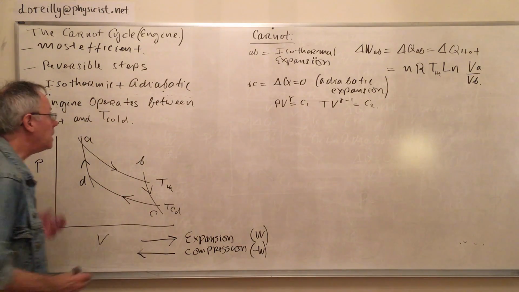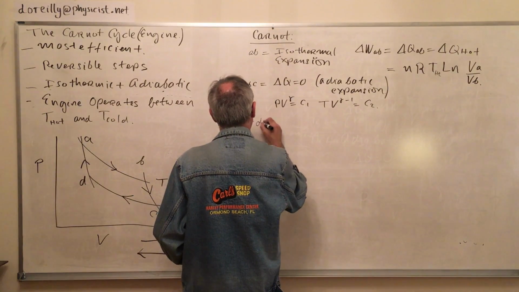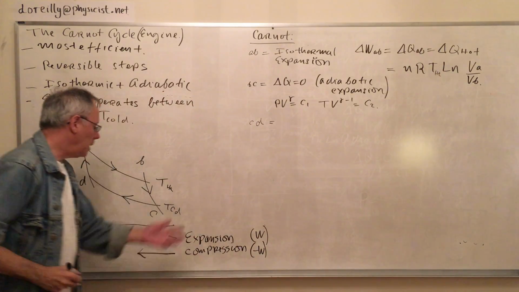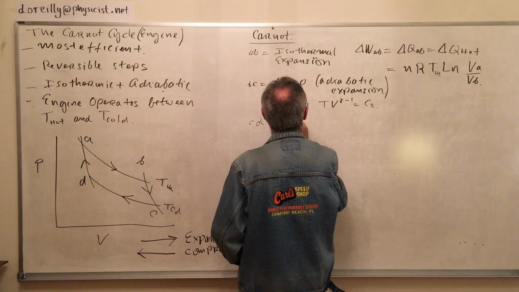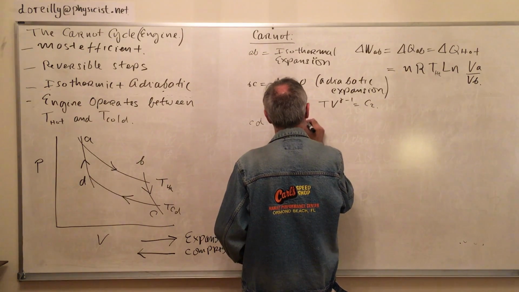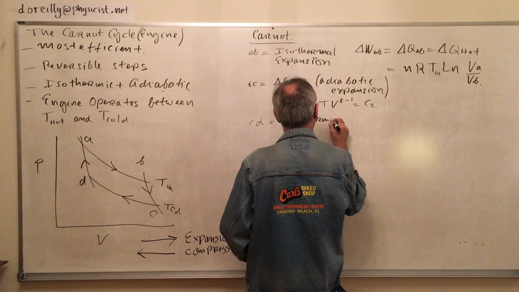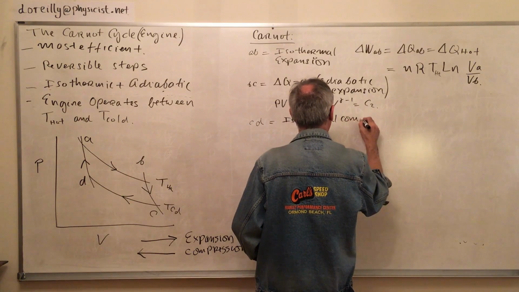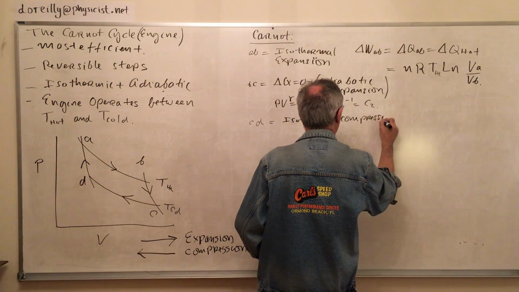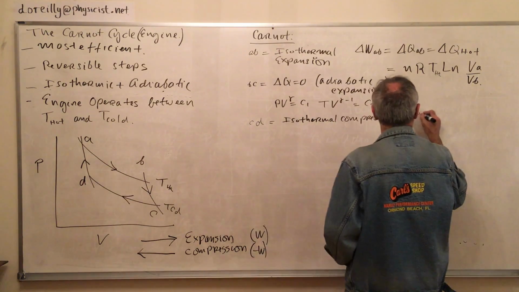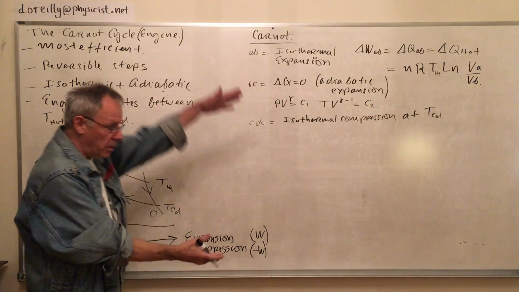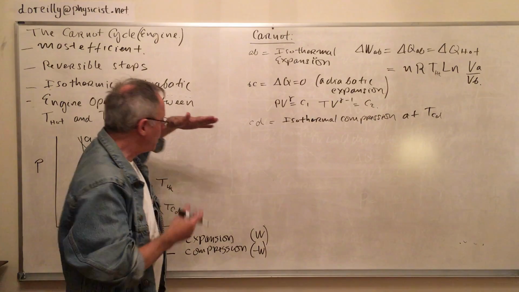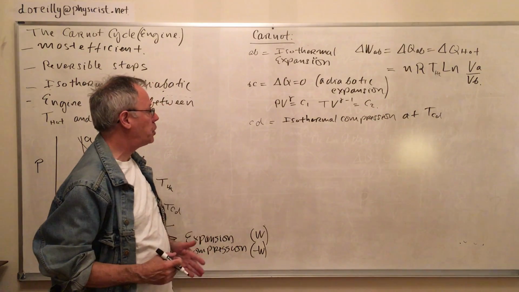Now let's go to CD. CD is compression, but it's isothermal. But it's happening at the cold temperature. Remember, an engine must operate between a hot and a cold temperature.